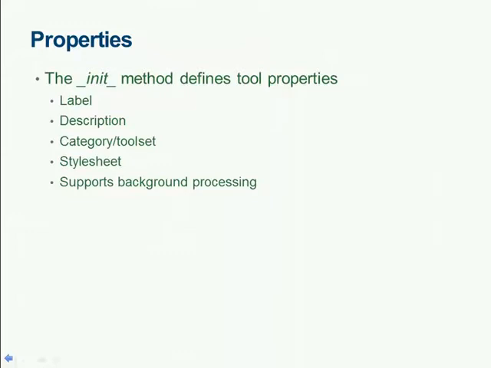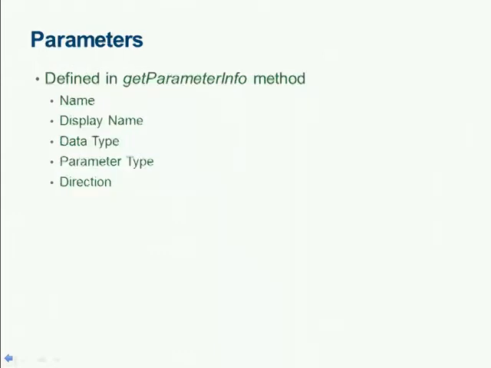We can add a custom style sheet, and we can also specify whether our tool supports background processing. This is important because there are some scenarios where the code can't execute in the background. So we can specify whether our tool supports background processing or not, or if we require our tool to run in the foreground.